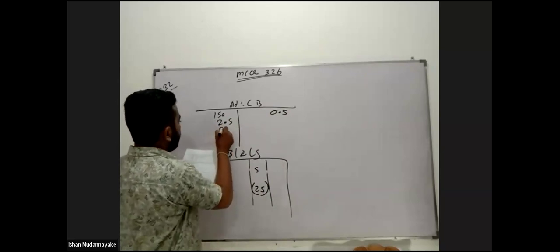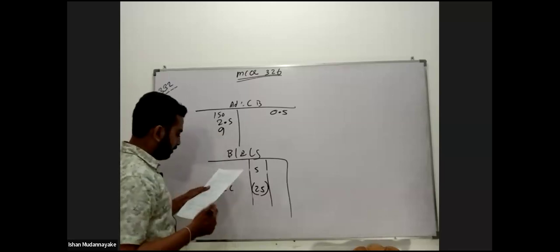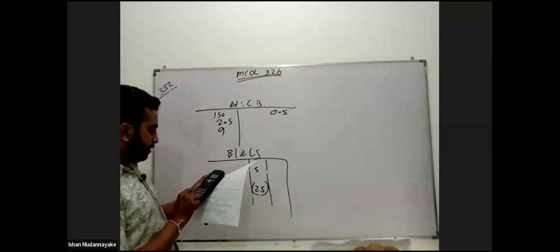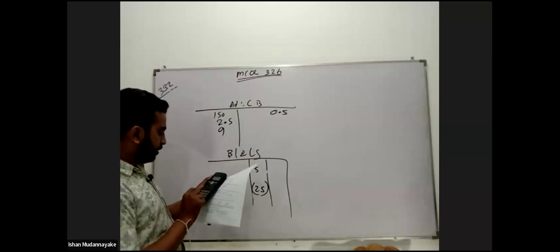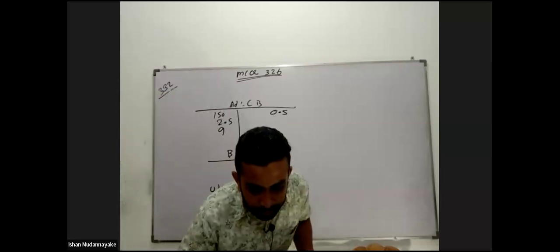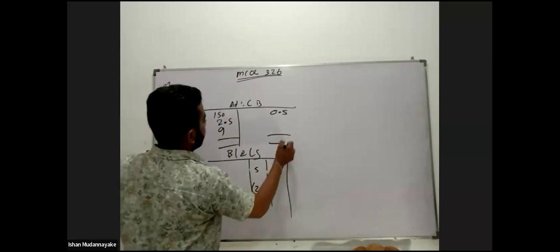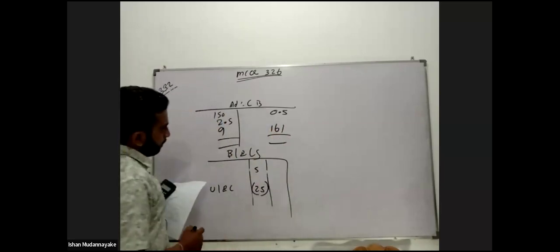Again, just the adjusted cash book balance, how much? 150 plus 2,500 plus 9 minus bank charges, 161. Adjusted cash book balance 161.